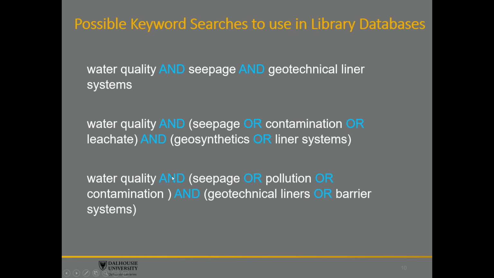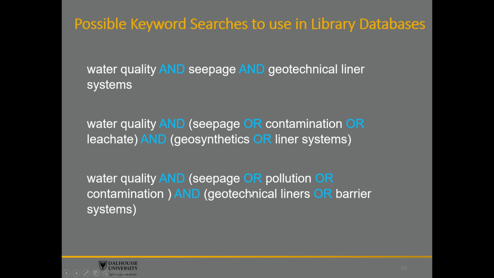And a third possible search string would be water quality and seepage or pollution or contamination and geotechnical liners or barrier systems. So again, any concepts that we have OR'd together are included in brackets. And in some databases, and we'll cover this when we go to the live demos, phrases would have to be included in quotation marks so that they are searched as a phrase.